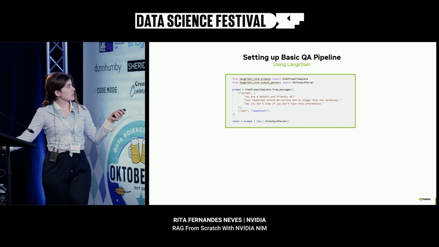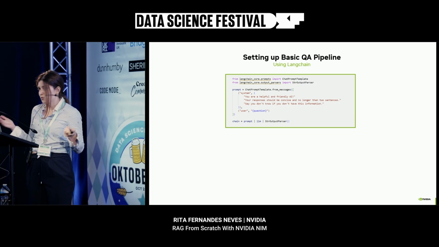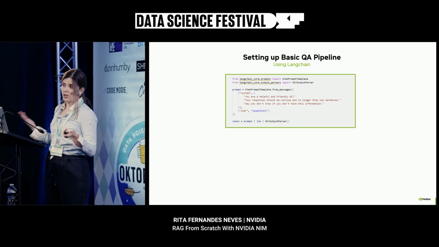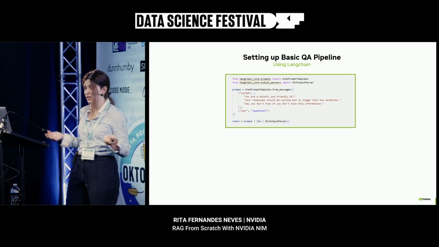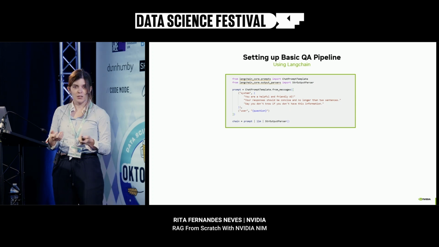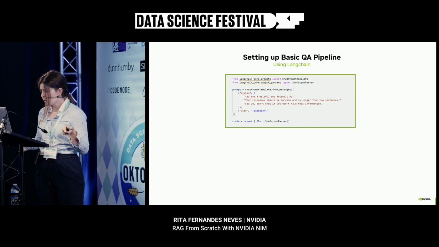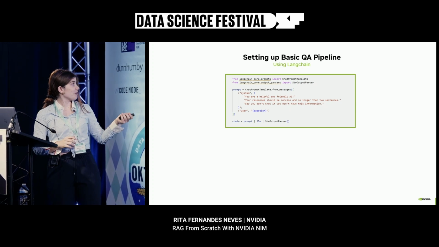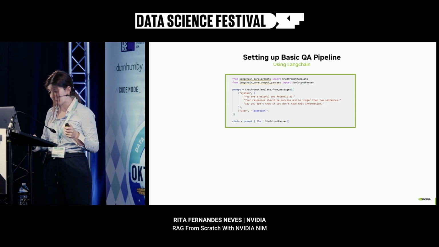But the only thing you need to do is define your prompt, and it's going to depend on your application. In this case, we do a very regular Q&A prompt where we say, hey, be nice, don't say anything wrong, and reply to the question that you're asked. Generally, you are a helpful and friendly AI. I never know if this works very well, but.